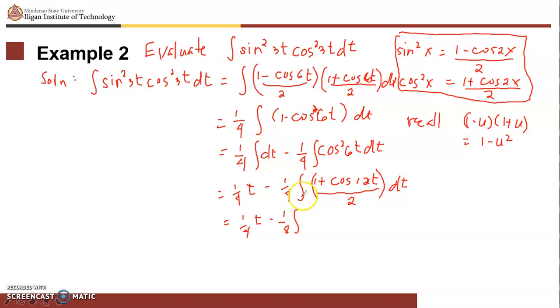You can distribute this: 1/8 dt, plus, that's a minus because minus a plus is a minus, 1/8 integral of cosine of 12t dt.